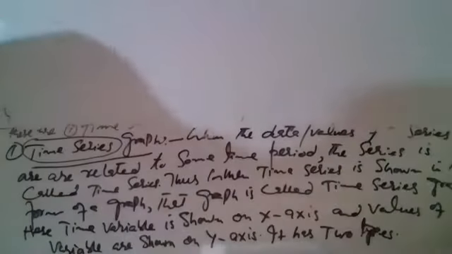What are those? These are one variable graph and two or more than two variable graph. Write it down here, along with this.